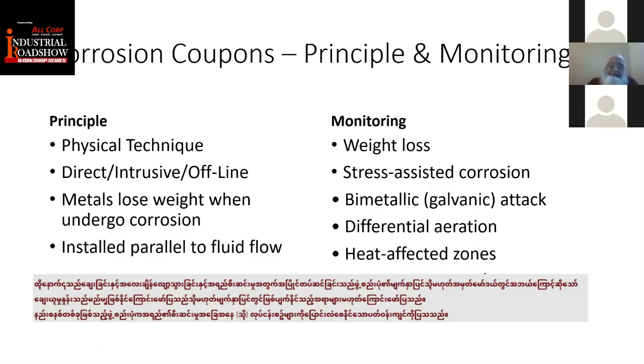This is a relative technique which can show how the corrosive condition of the fluid or the electrolyte may be behaving and changing with the changes in the processes, depending upon how long you leave those coupons in there.